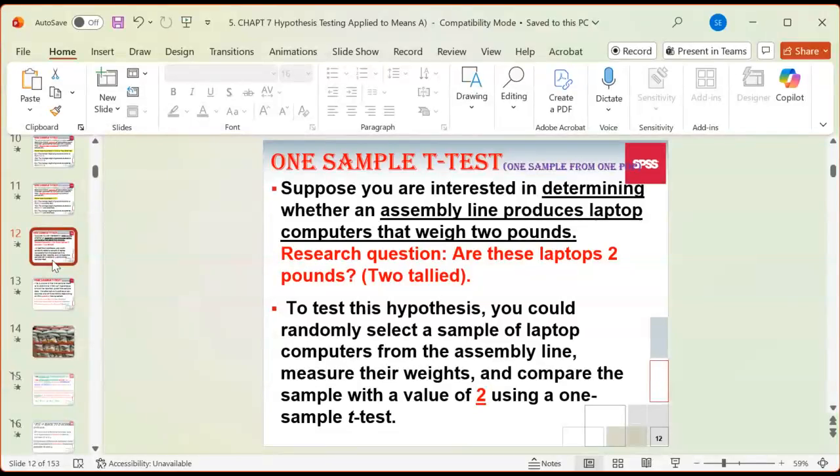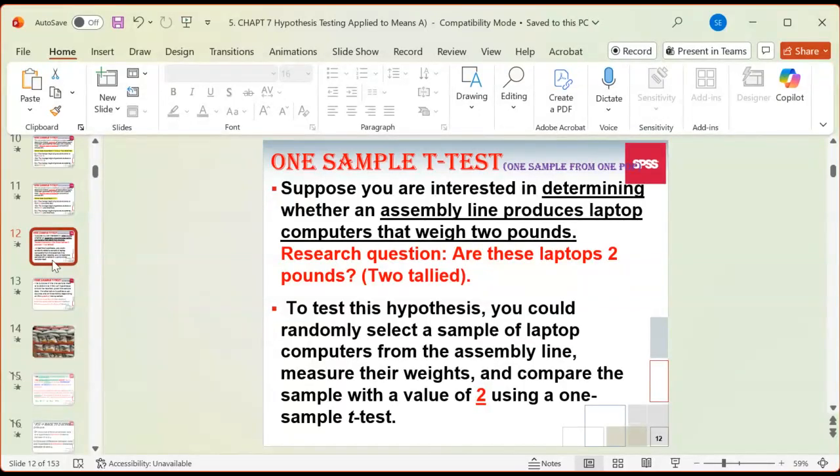So the number that you need to have is that 2. What do we compare to? Because we don't know the average weight of a laptop. It's not like IQ, where we know the average IQ is 100.